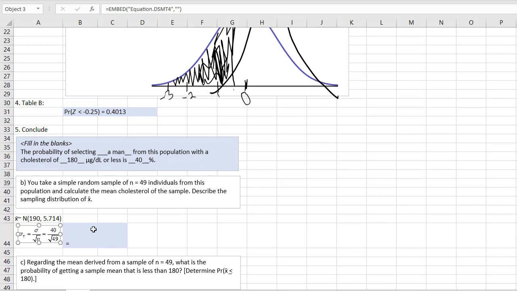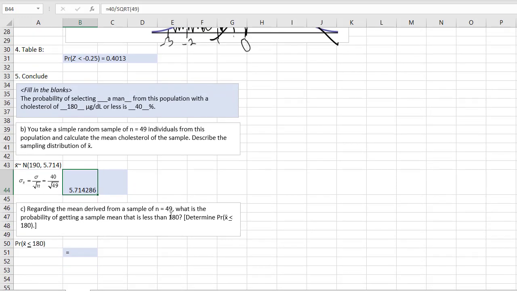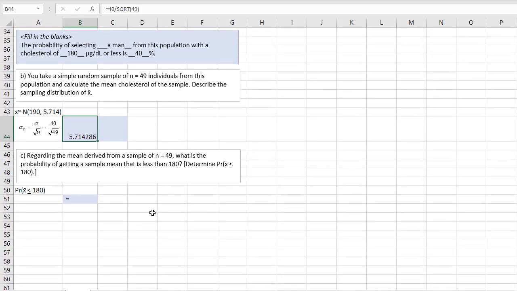Again, that's what the sampling distribution of the mean is. And I already put it in right here. So let's just fill it in real quick. It's just going to be equals 40 divided by the square root. So how do we do square root? We type in S, Q, and then you see it right there, RT, open parentheses, 49, close parentheses, and we get 5.714. That's it. That's all we do for B.